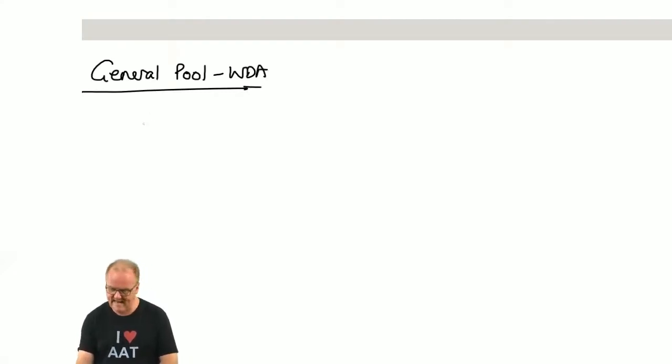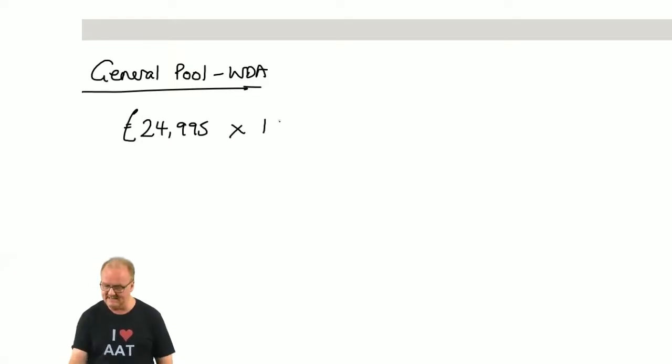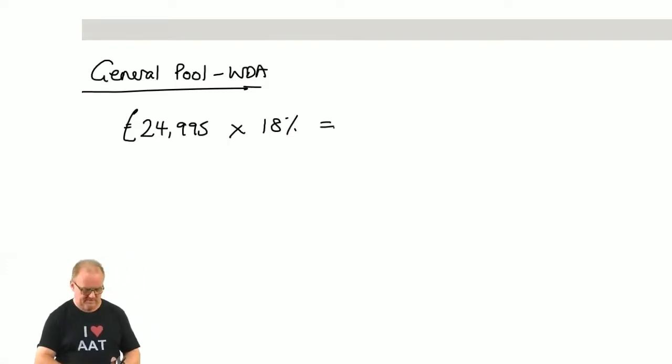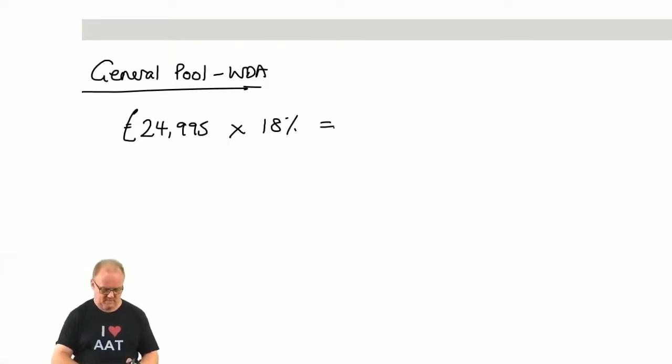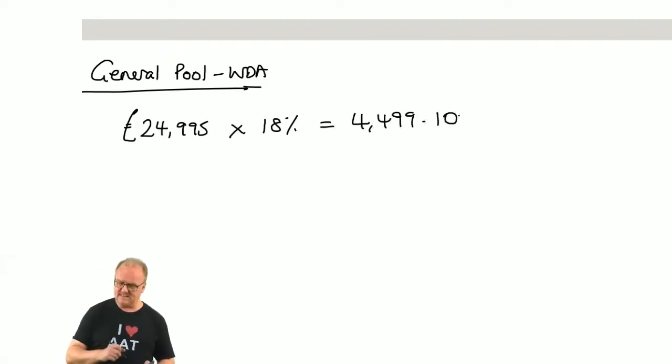So we had 24,995 as the total. And we're going to multiply that by 18%. And I'll just get my little calculator out here so we can do this. We have got 24,995 times 0.18 equals, and that would come out as 4,499 and 10 pence.